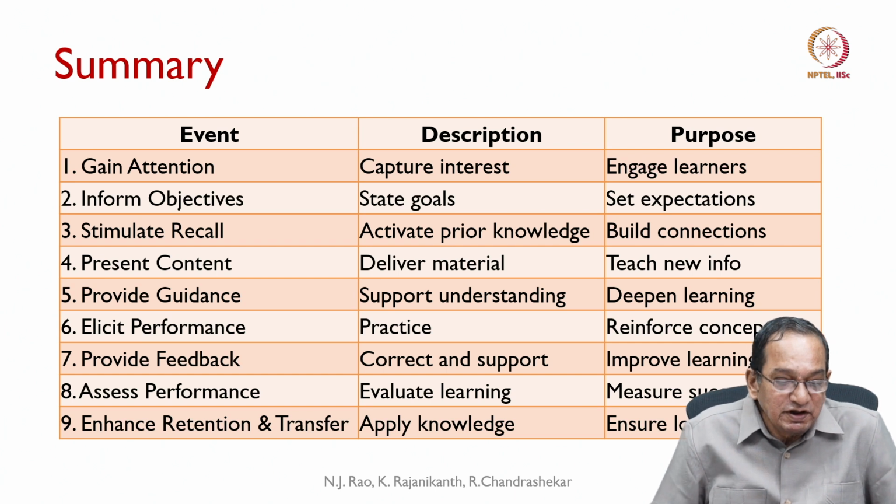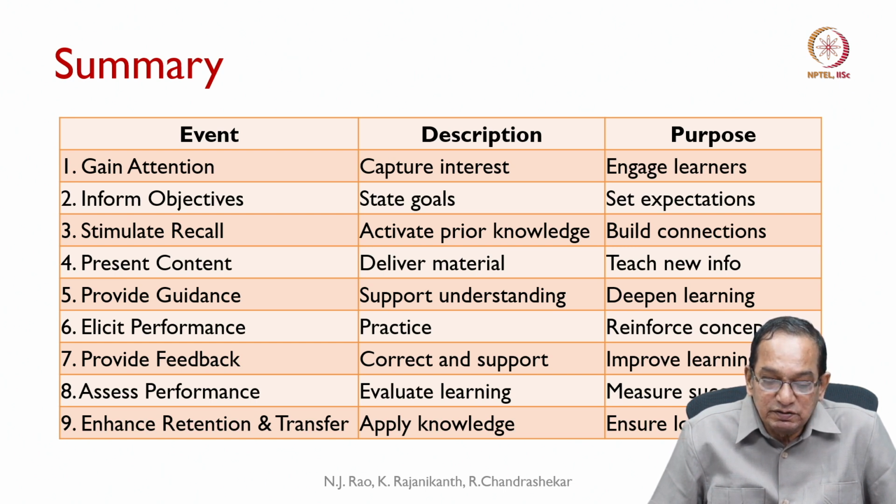So, in summary, we can say Gagne's theory has 9 events of instruction. The first event is gain attention. The description and purpose is capture the interest and engage the learners. 2. Inform objectives. So, state goals, and the purpose is to set expectations in the minds of the learners. 3.